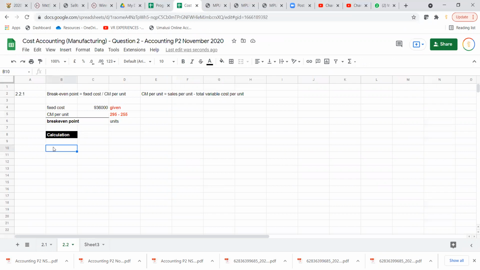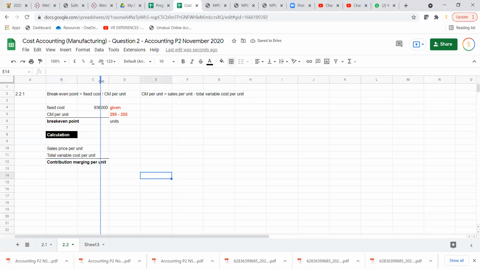So to get contribution margin per unit, it is sales price per unit minus total variable cost per unit, and that will give us contribution margin per unit. Contribution margin is basically CM.